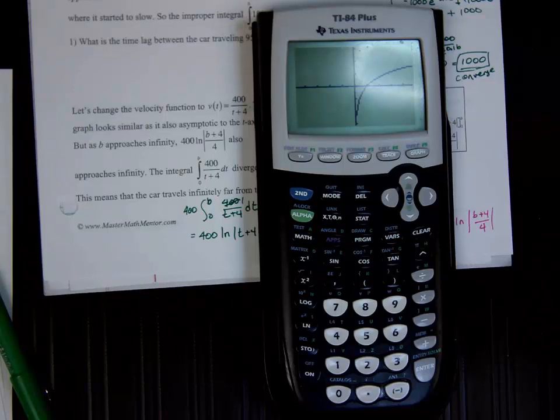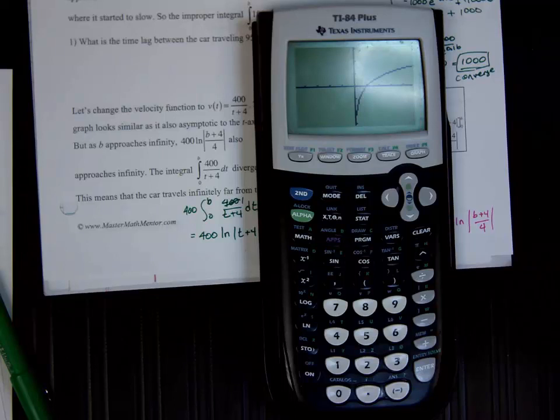Is it approaching a number or is it approaching infinity? As you go to the right, what's that graph doing? It's going up and up and up. It's not flattening out at 2, though it kind of looks like it is. If you back the graph up, you'll see it's just continuing to climb slowly. So the limit of ln as x approaches infinity is infinity.